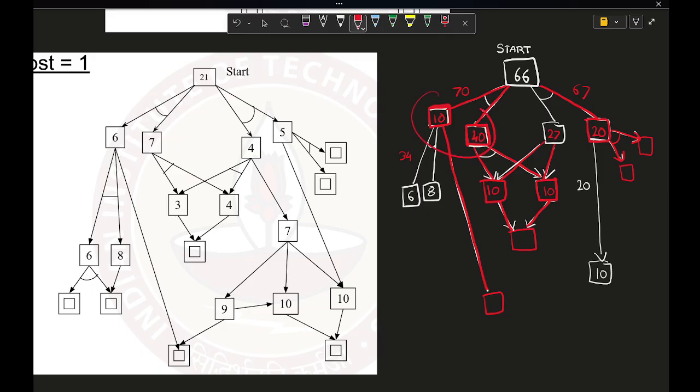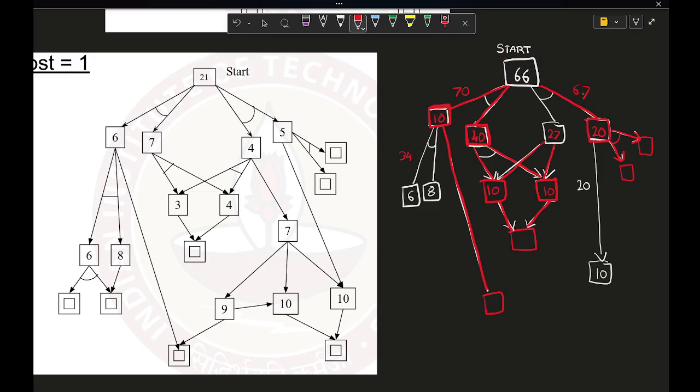Okay, so now what happens? Because these two are marked as solved, this should also become marked as solved, and no more exploration should be done. So does this become marked as solved with the cost 70? It should not take 70, right? It should take 67 in that case, no? Or no? Only when the cost on this hand side becomes less than this, only then this should be marked as solved, right?